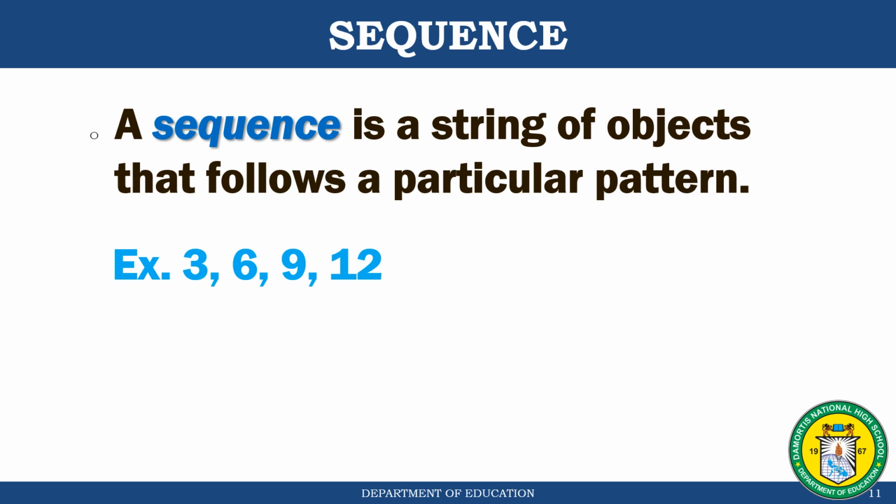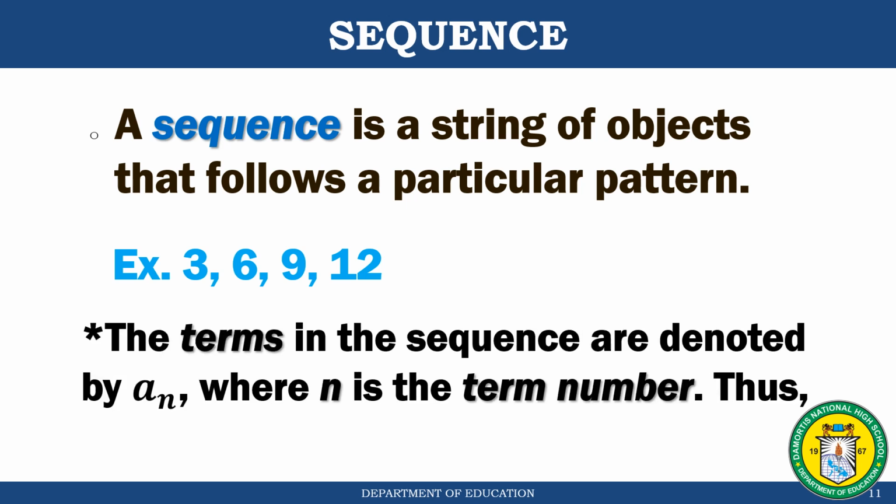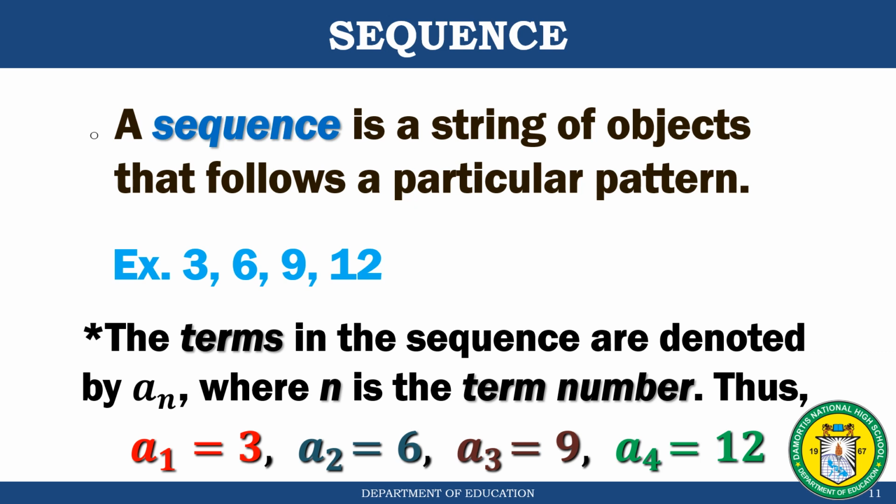For example, we have 3, 6, 9, and 12. The terms in the sequence are denoted by a sub n, where n is the term number. Thus, a sub 1 is equal to 3, a sub 2 is equal to 6, a sub 3 is equal to 9, and a sub 4 is equal to 12.